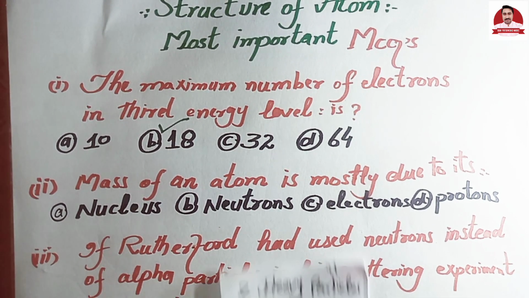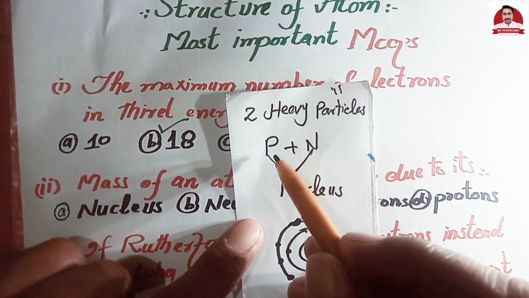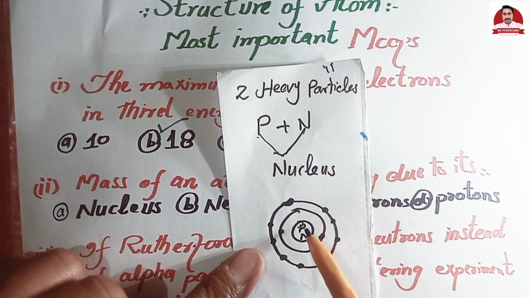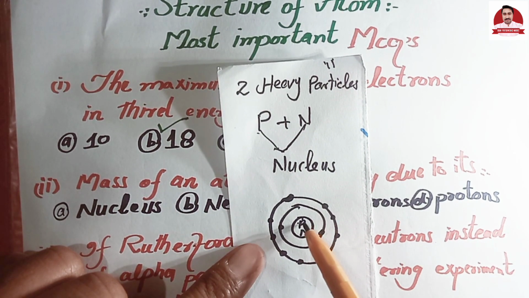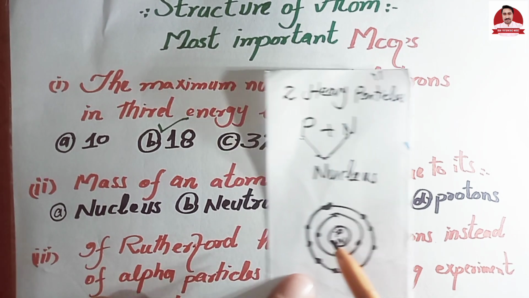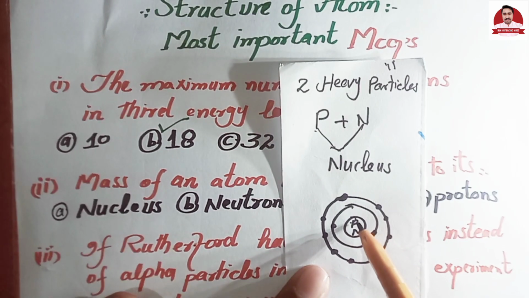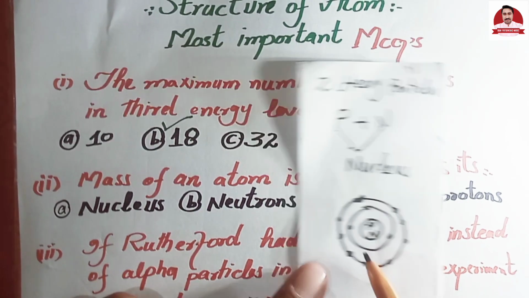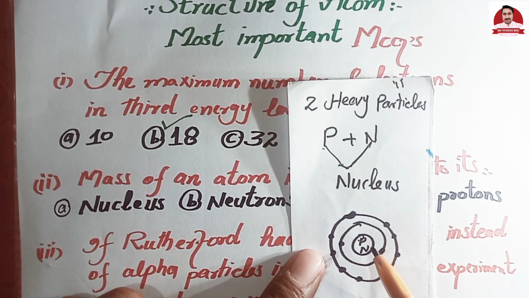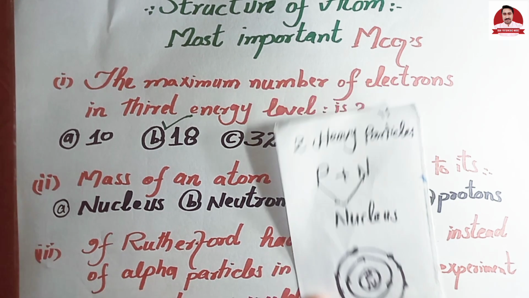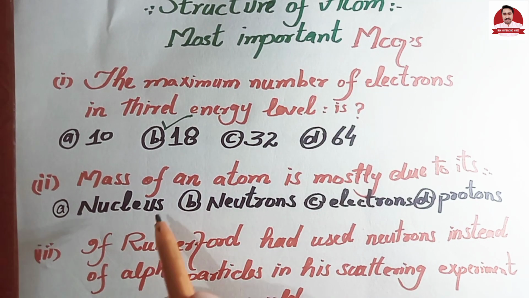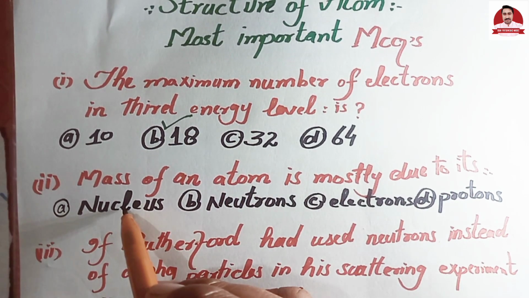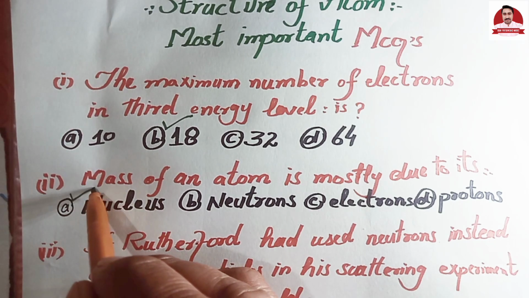The nucleus has protons and neutrons. So the whole mass of an atom is concentrated in the nucleus, which is due to the protons and neutrons. So the mass of an atom is mostly due to its nucleus. So option A is correct.